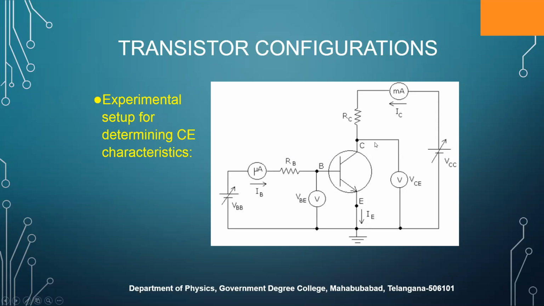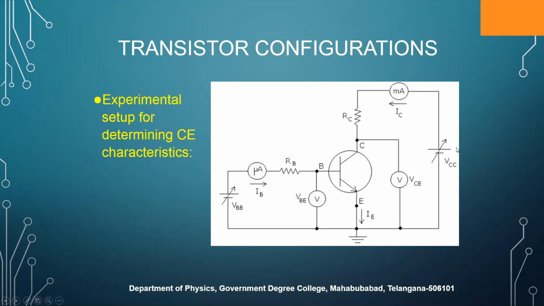Here, we have connected a voltmeter between emitter and collector. This voltmeter measures the voltage between collector and emitter. Here, we have connected one more ammeter, a milliammeter, to measure the collector current.